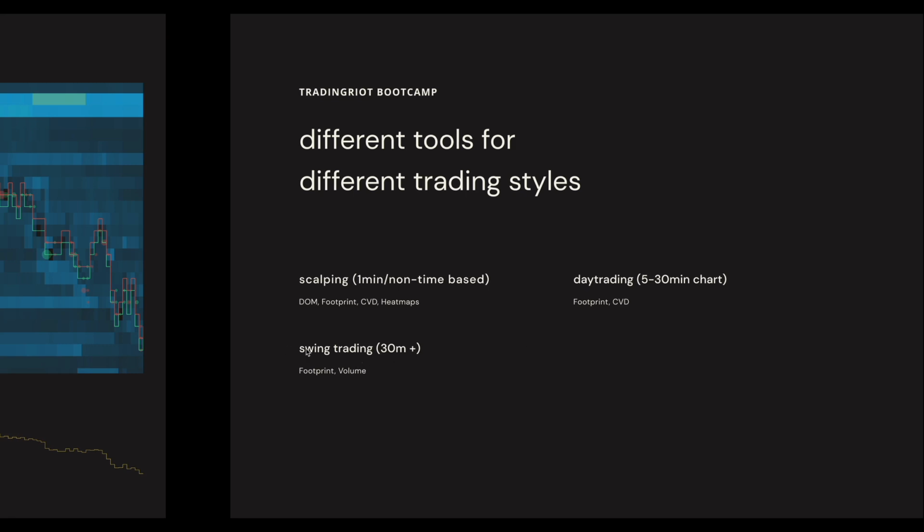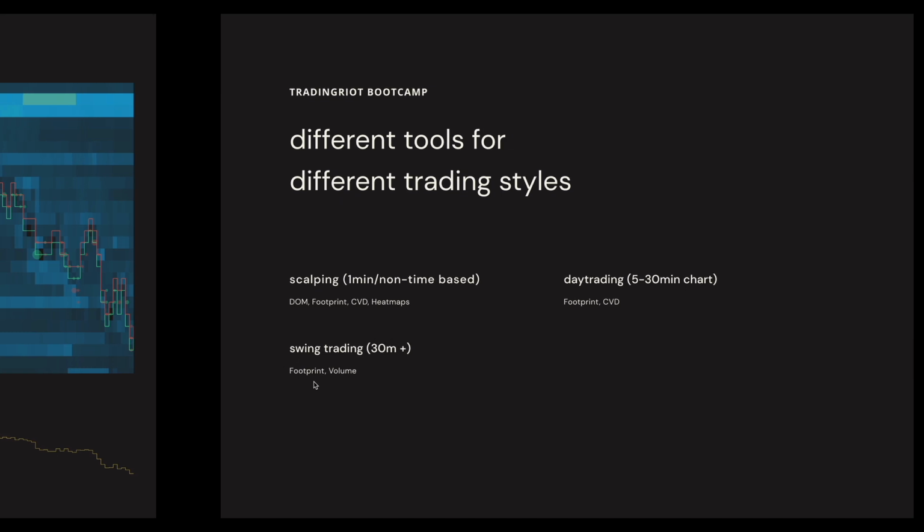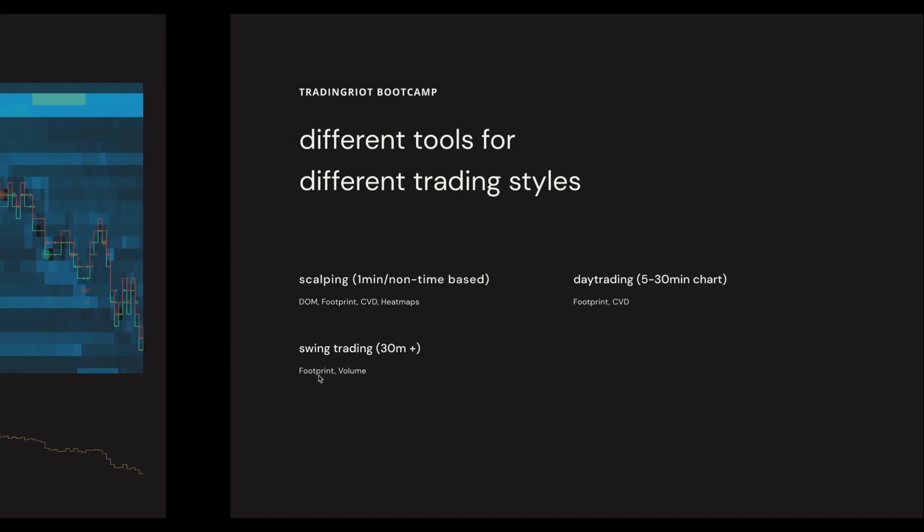If you are swing trading, meaning 30-minute plus, using a footprint on a 60-minute chart is the highest I would go. If you don't have that much time for trading and you are only using H4 time frames, for example, then you will just be using the volumes inside each bar.